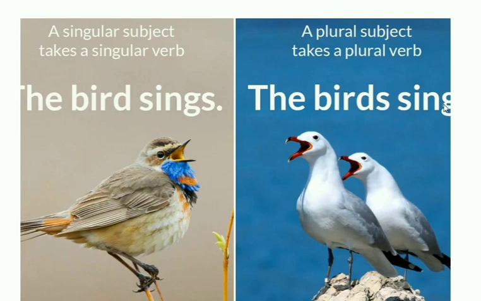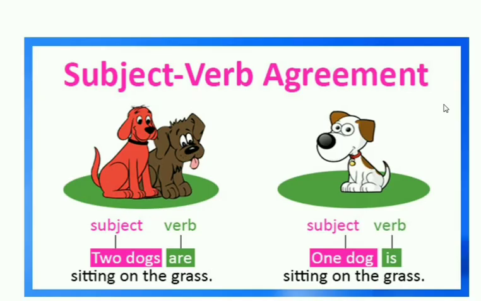Birds sing. Few more examples. Two dogs are sitting on the grass. Here dogs is plural, so we write plural. One dog is sitting on the grass. Here dog is singular, so we use singular.